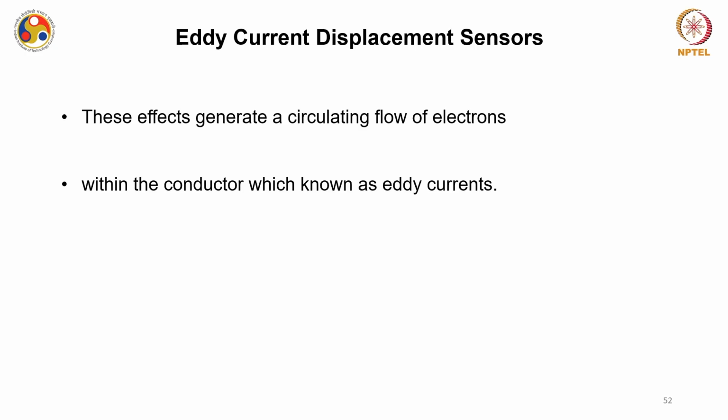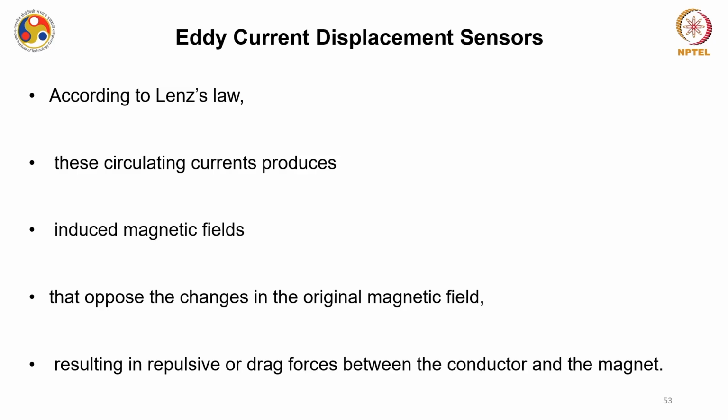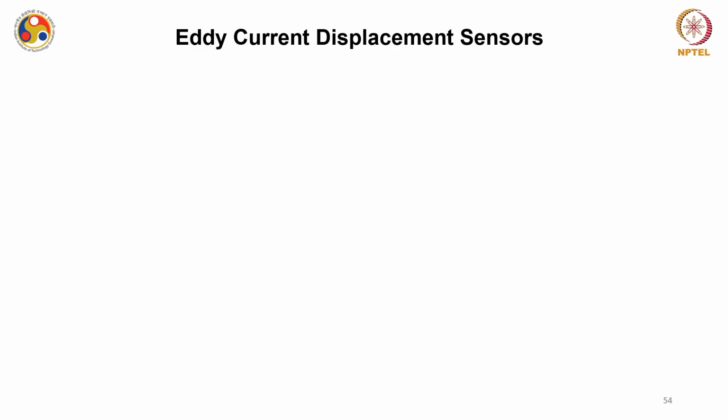These effects basically generate circular flowing electrons within the conductor, particularly at the surface, which are known as eddy currents. Now according to Lenz's law, these circulating currents produced at the surface induce magnetic fields which oppose the change in the original magnetic field. This results in repulsive or drag forces between the conductor and the magnets.